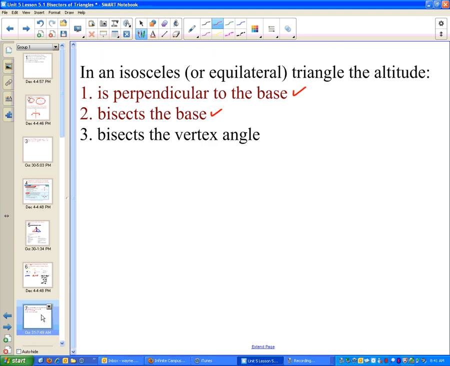So I can prove these three statements about an altitude from the vertex to the base of an isosceles triangle. So, working with perpendicular bisectors is the same thing as working with the altitude of an isosceles triangle. The altitude going from the vertex angle perpendicular to the base. With me?